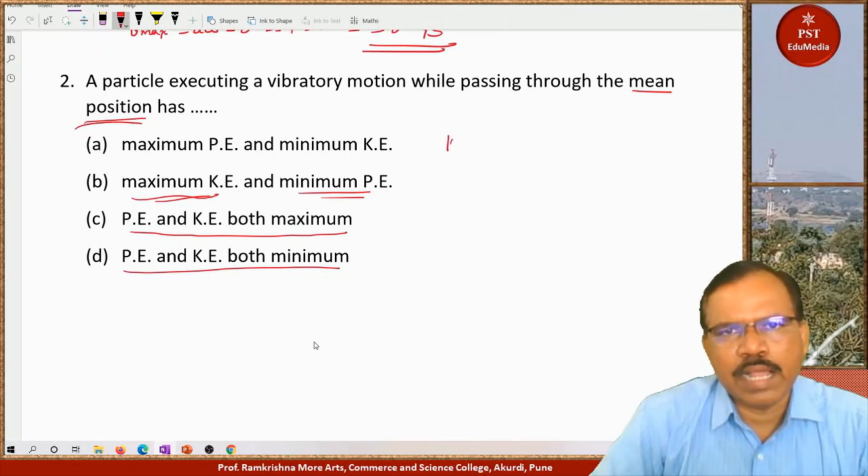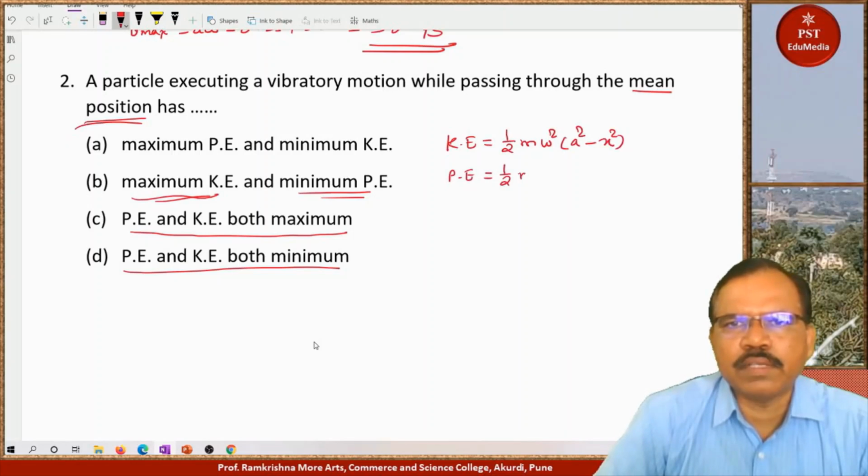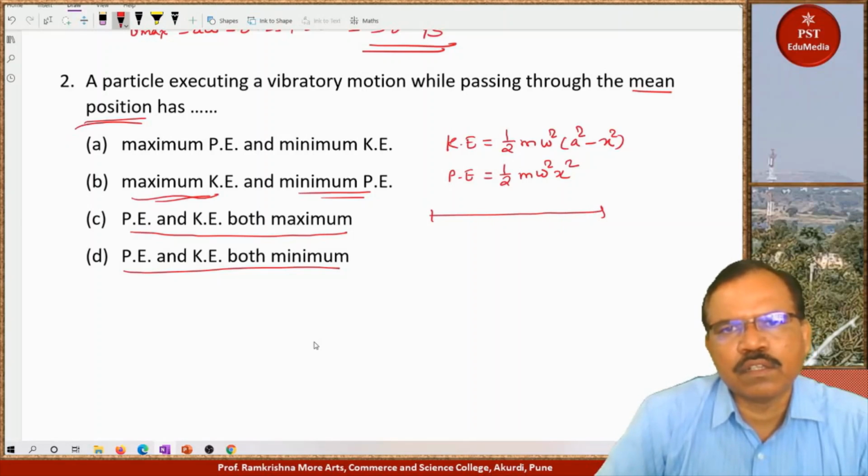We know kinetic energy is equal to 1/2 m omega square into a square minus x square, and potential energy is equal to 1/2 m omega square x square. Now we know the particle varies between plus a and minus a through 0.